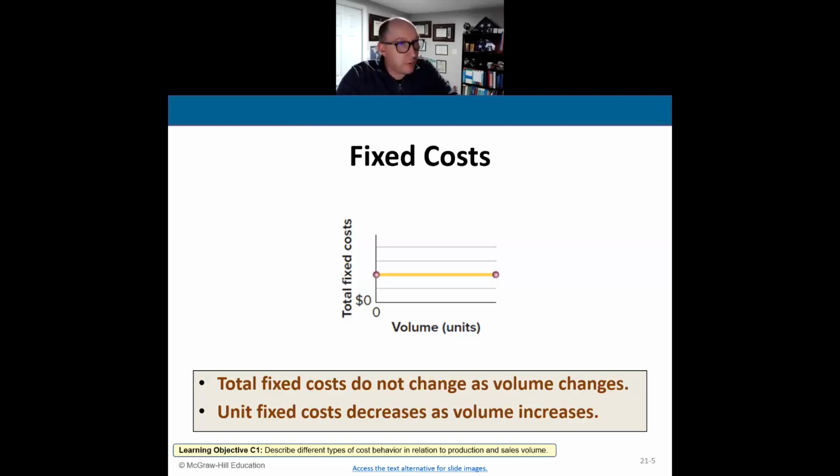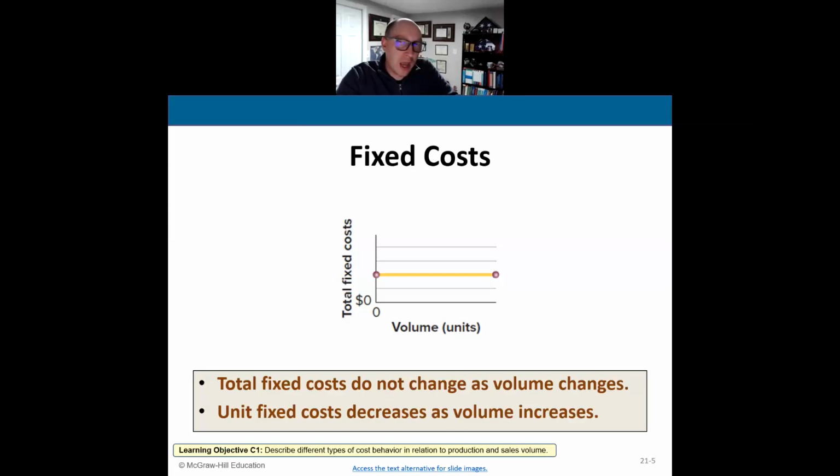And we also know that we have fixed and variable costs. Fixed costs are costs that do not change regardless of the level of output. Can you give me an example? Anyone on the call?